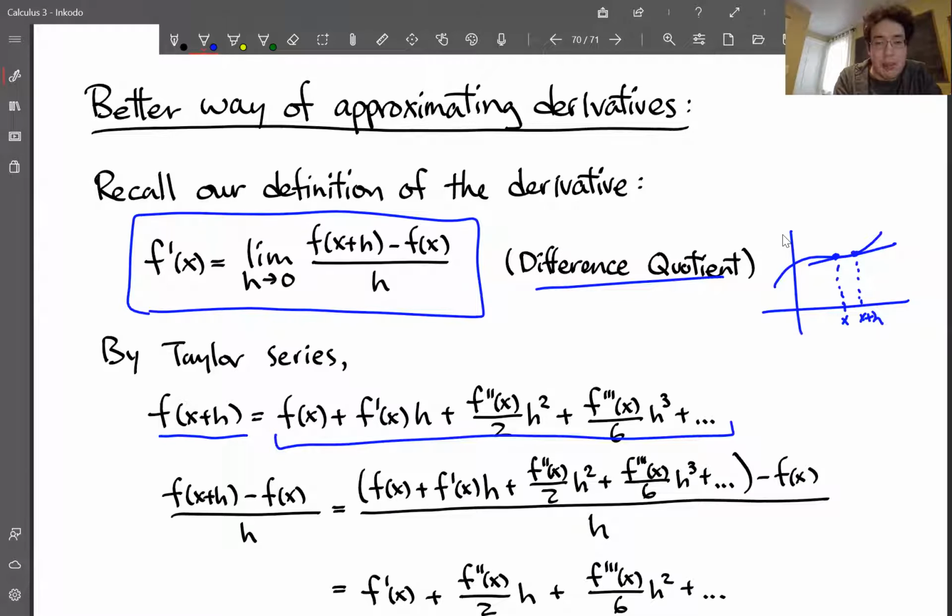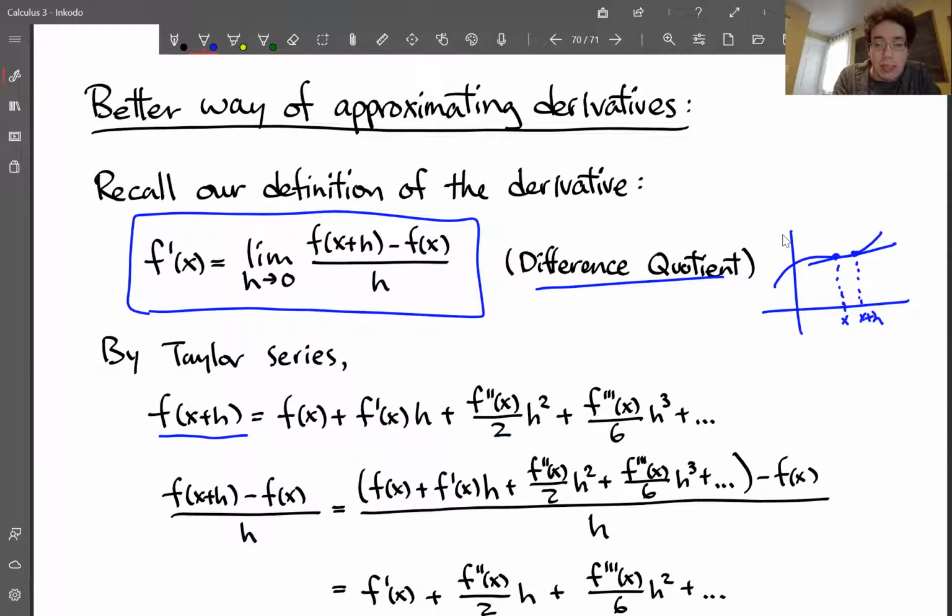So f of x plus f prime of x times h, because x plus h minus x, the x cancels out and we just have h here. And then the second order term, third order term, and so on. Okay, so this is what we would get if you plug in x plus h into the Taylor series formula.